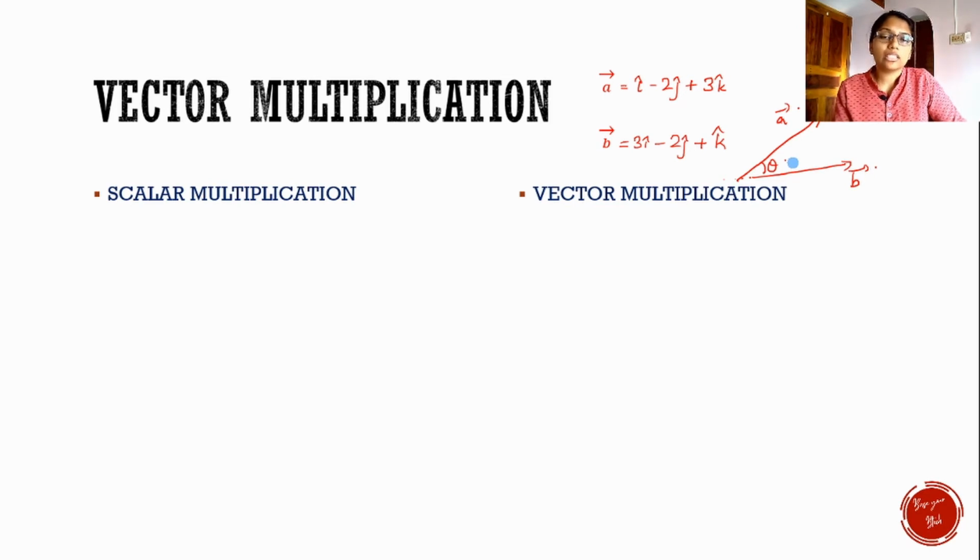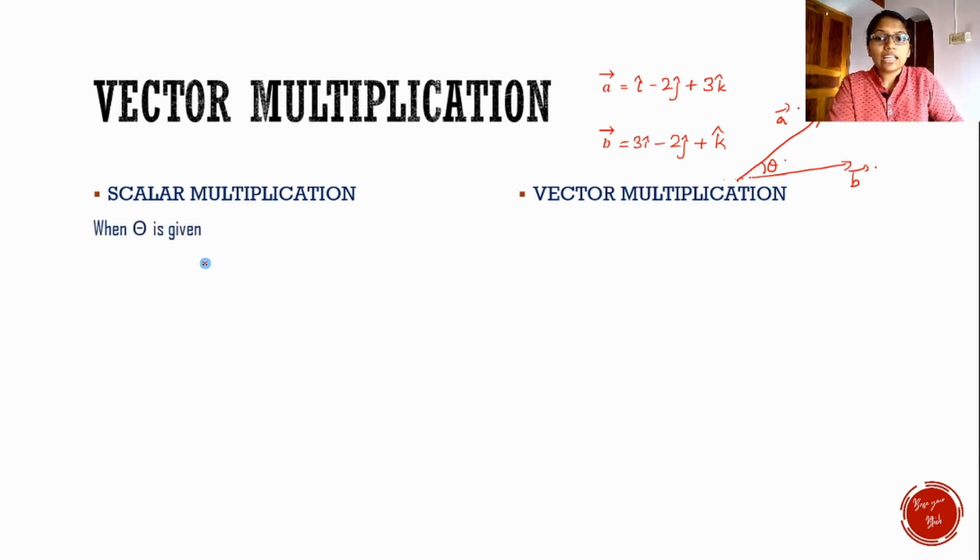Scalar multiplication means that once multiplied, the product is a scalar quantity. That means our product will lack ijk components; we will just have one single number or simply some variables. But vector multiplication means the product will be a vector quantity, having ijk components. These multiplications can be done in two classifications.